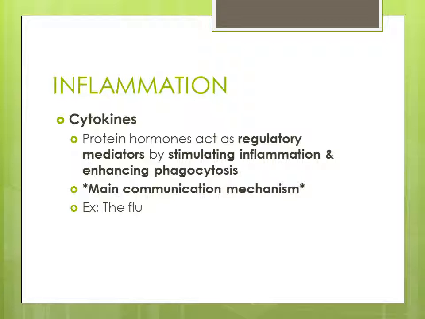And that is a systemic response to something that is localized, and we can give credit to our handy-dandy cytokines, because they are responsible for this widespread communication that's going on in the body, allowing inflammation to occur.